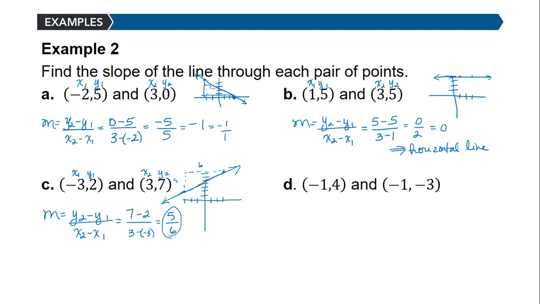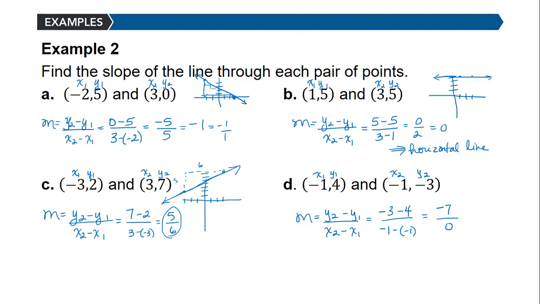Now the last pair of points we have is (-1, 4) and (-1, -3). So labeling these x sub 1, y sub 1, x sub 2, y sub 2, we get our slope is y sub 2 minus y sub 1 divided by x sub 2 minus x sub 1. -3 minus 4 divided by -1 minus -1. -3 minus 4 is -7. -1 minus -1 is -1 plus 1, or 0.